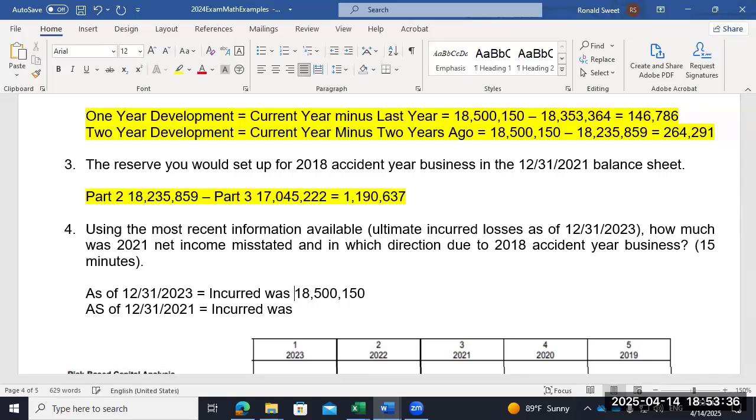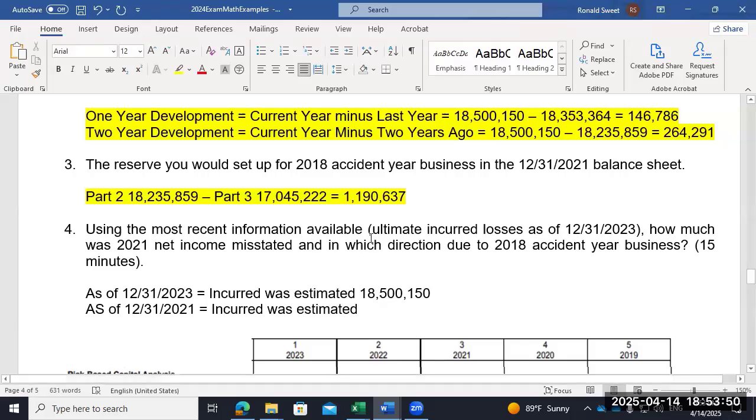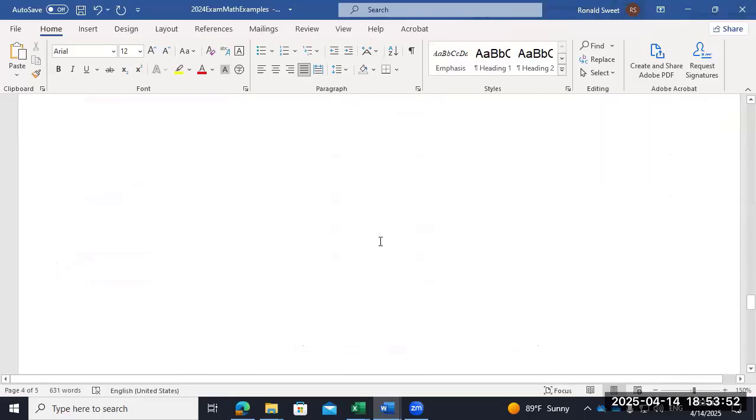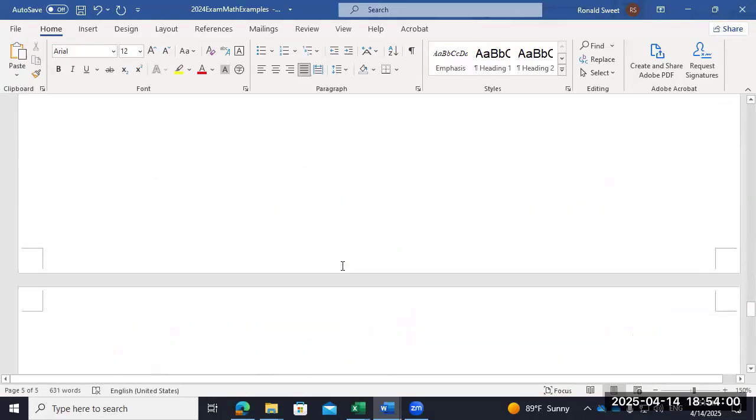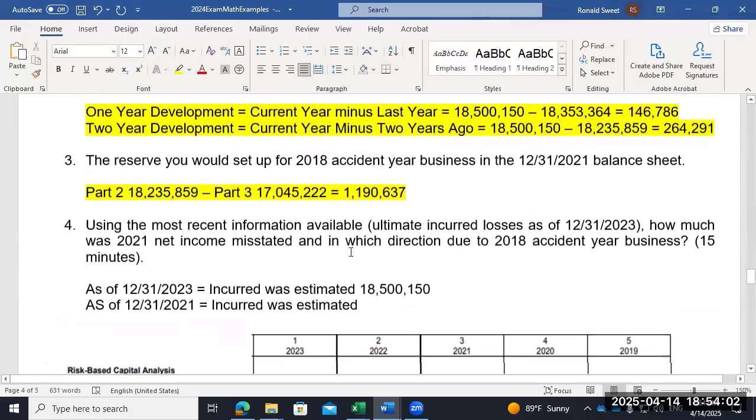These are estimates, right? Part 3 is not an estimate. How much they actually paid, that they know. So as of 2021, they thought 2008 was going to be, and we've had this one as well, 18,235,859. I've written that number down a couple of times here.